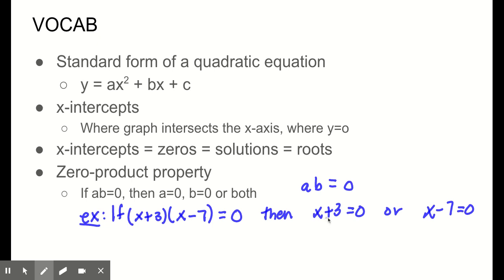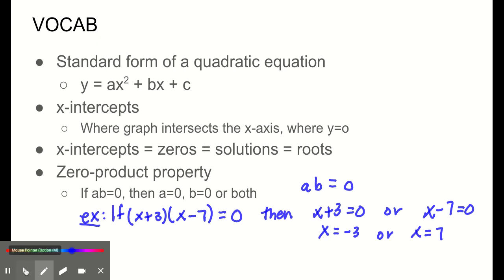And in this case, if we solve for x, this means that x has to equal -3, or x has to equal +7. We subtract the 3, we add the 7, and that solves for those x values that will make this equation equal to 0. So we're going to factor and apply the zero product property to our problems today.